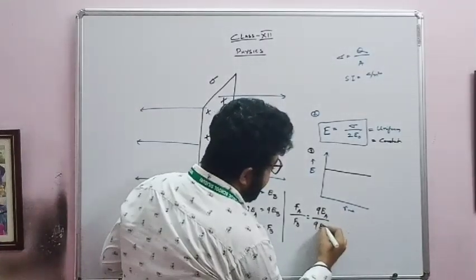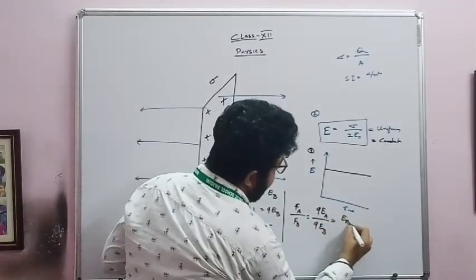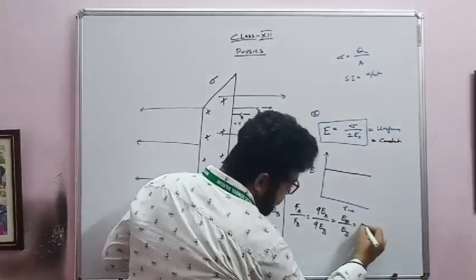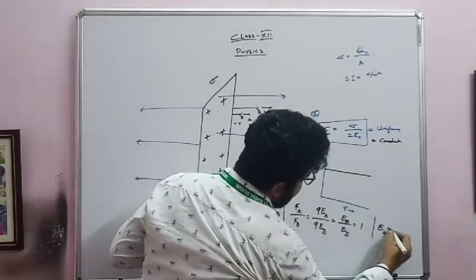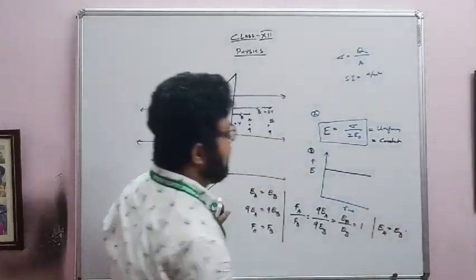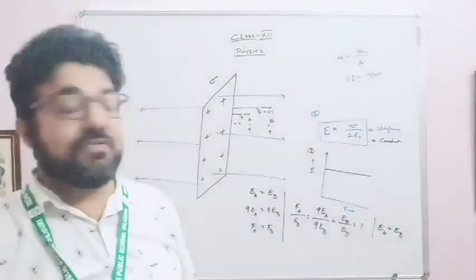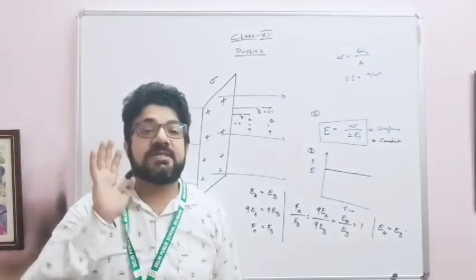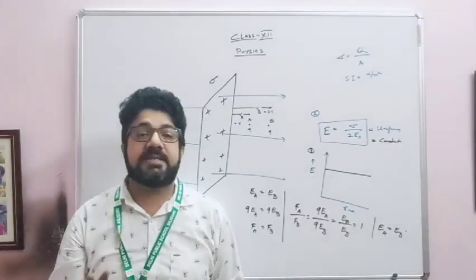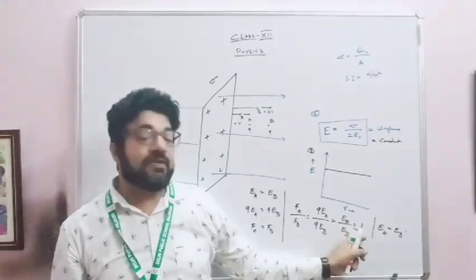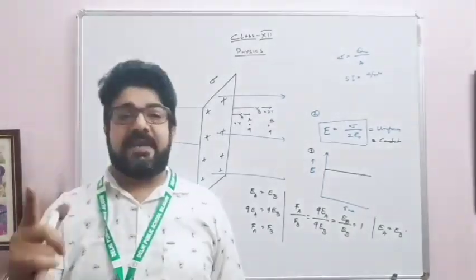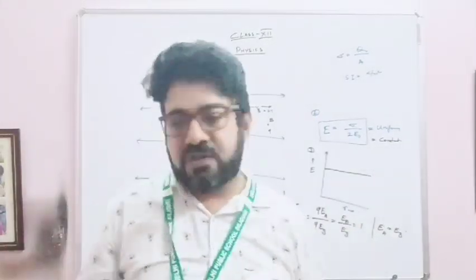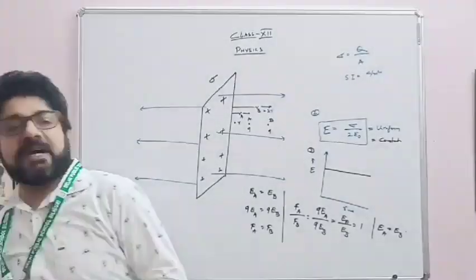QE_A by QE_B, A by B equals 1. Why? Because the electric field at A equals the electric field at B, because they are uniform. So again, from one topic, how many questions arise? 6 questions arise. And don't get confused: the last one is inversely proportional to distance, but this one is independent of the distance.